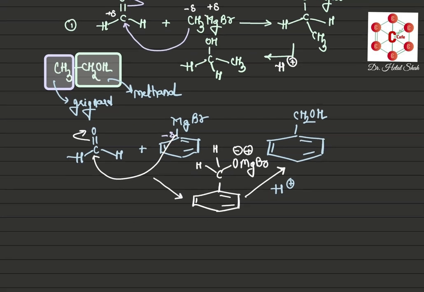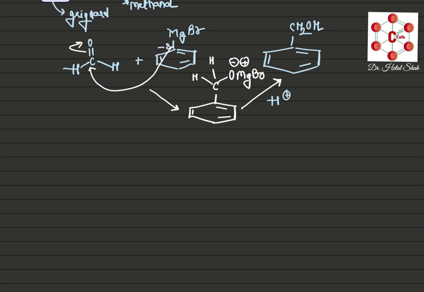Now if you generalize this for any other aldehyde or a ketone, if I take a Grignard RMgX, this is partially negative, partially positive.